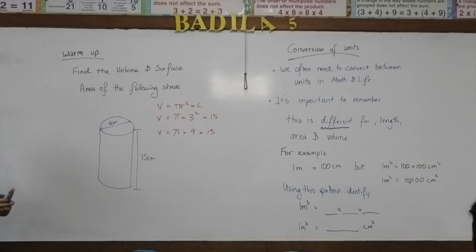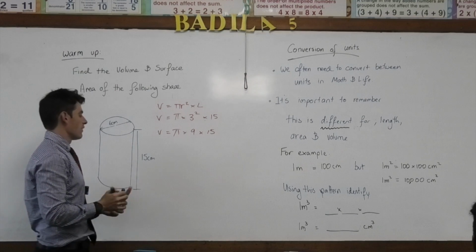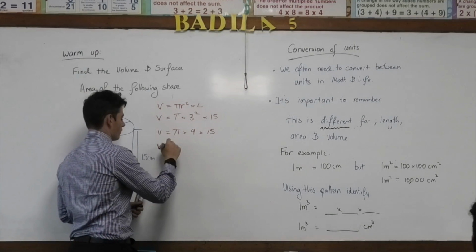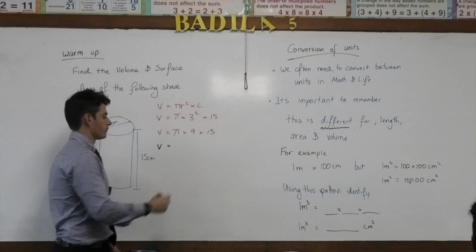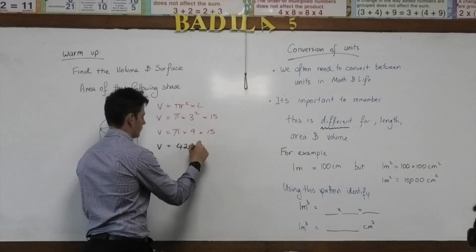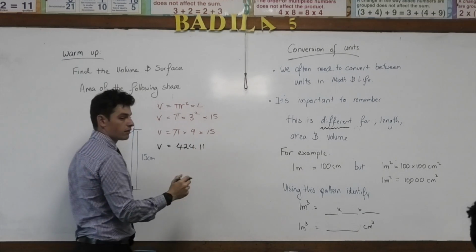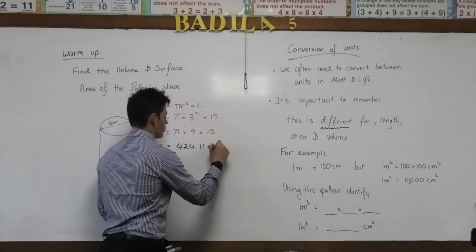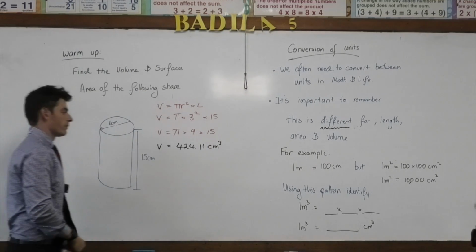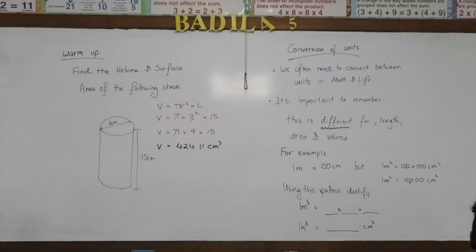I'll just get my calculator out at this point. And that gives me an answer of? Am I done? Centimetres cubed, very good. So that is the volume of our cylinder.